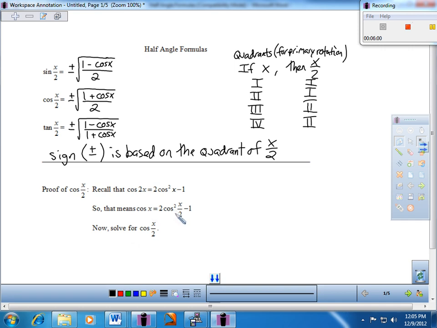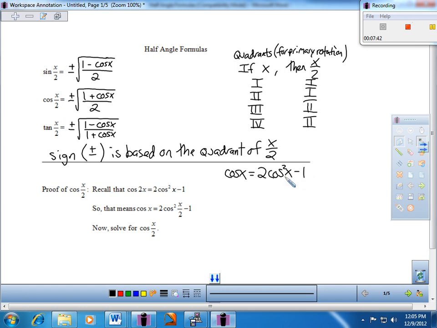Now what I want to do is see what that means in terms of cosine of x over 2. As it says on your paper, now solve for cosine of x over 2. I'm going to do that right off to the side. Again, just one more time, in terms of this formula right here, as long as this is double this, this equation works. So now, 2 cosine squared of x minus 1.